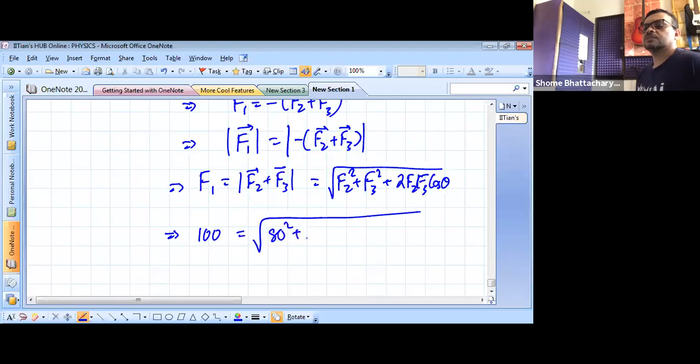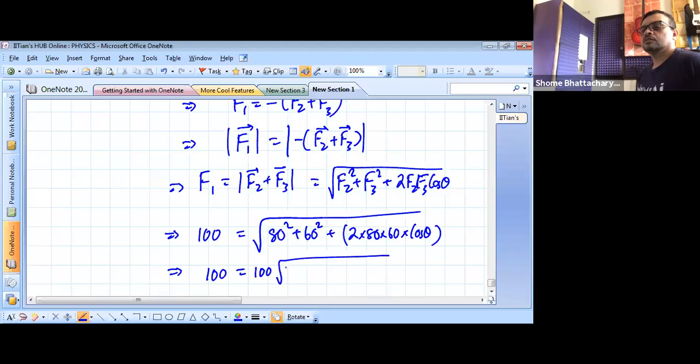So 100 is equal to root of 80 square plus 60 square plus 2 into 80 into 60 into cos theta. Now when you solve this, taking 10 common, you get 100 is equal to 10 times root of 64 plus 36 plus 96 cos theta.